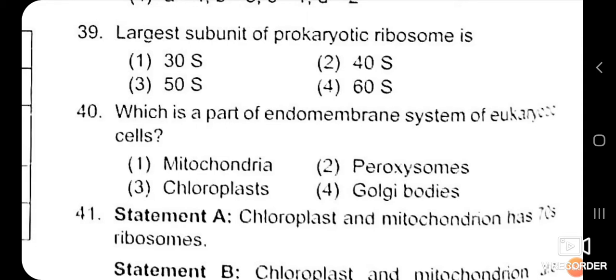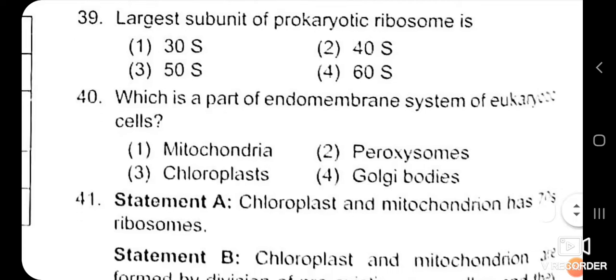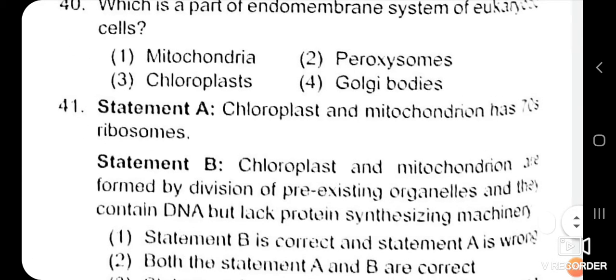But here option 4 is only correct because Golgi bodies are there, but mitochondria, peroxisome and the chloroplast are not part of the endomembrane system. So, correct answer is fourth one.